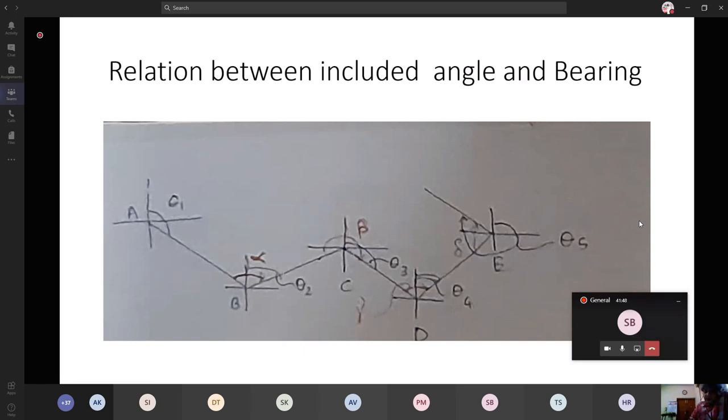Theta 2 is equal to theta 1 plus alpha minus 180. Is that okay? Now what is theta 3?